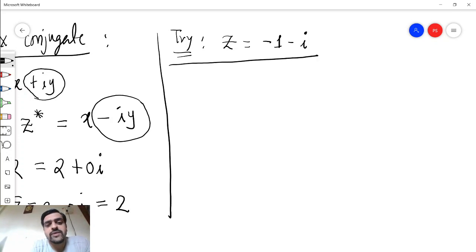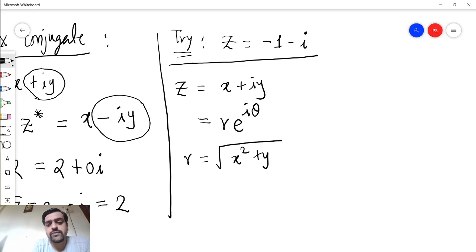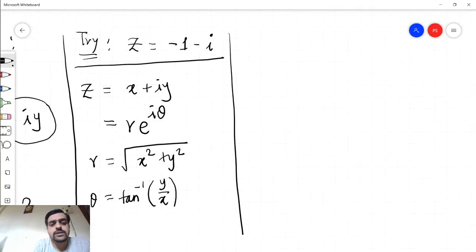If we recall from our previous lecture, z, which is usually represented as x plus iy, is also represented as r e raised to i theta, with the relations given as r equals root of x squared plus y squared and theta being equal to tan inverse of y by x. Okay, so we will use these formulae, and we will also try to represent this number graphically.